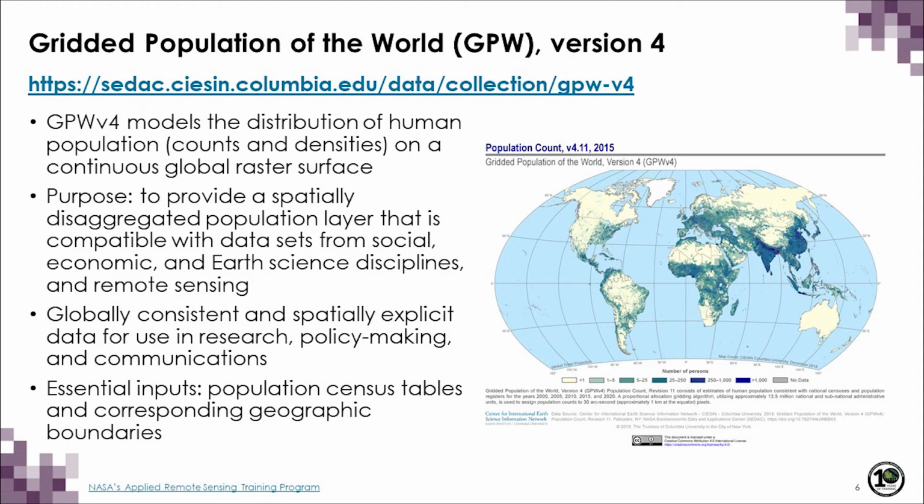The outcome is globally consistent and spatially explicit data for use in research, policymaking, and communications. As illustration, the map on the right displays the population count for 2010 in a global 1-kilometer grid. The essential input for GPW4 are population census tables and corresponding geographic boundaries.